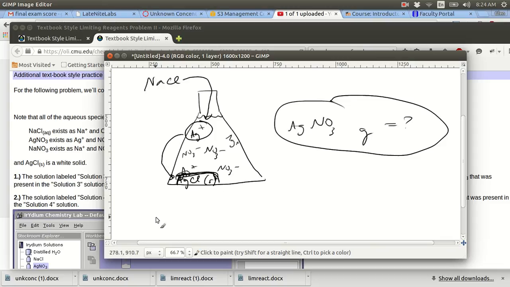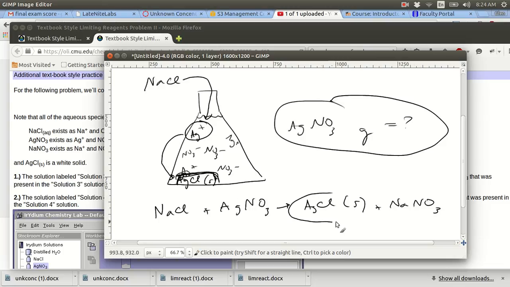So my idea is, if I know that this is the chemical equation that's happening, and I know the amount of AgCl, then I can also know the amount of AgNO3. However, look, if I use this amount of AgCl, then I will only be able to calculate this amount of AgNO3. What about the other AgNO3? There's stuff left.